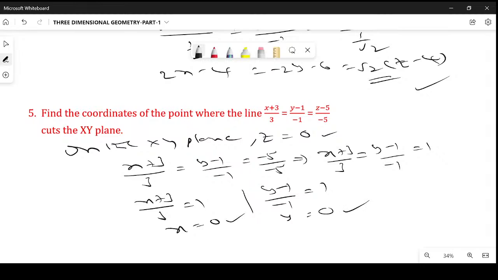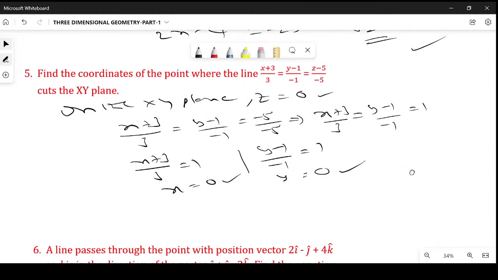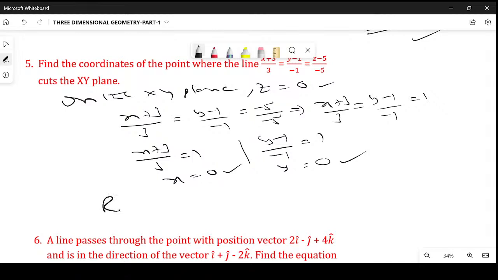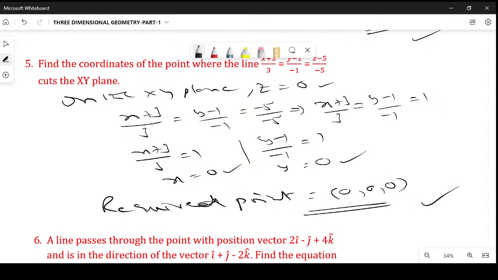Therefore, the required point is 0, 0, 0.